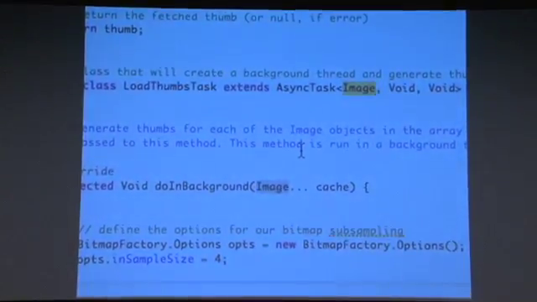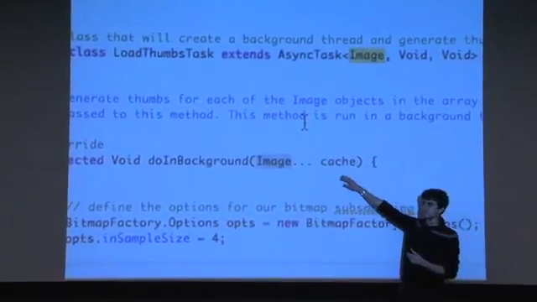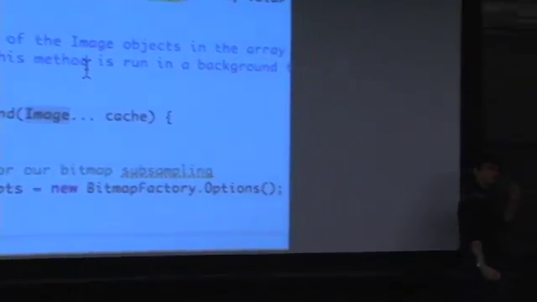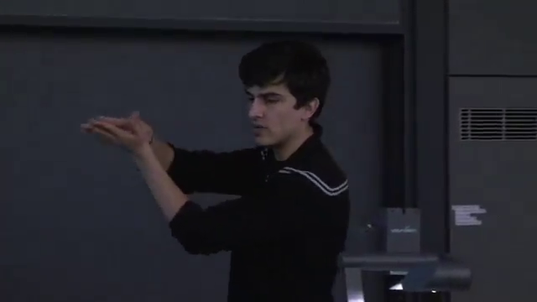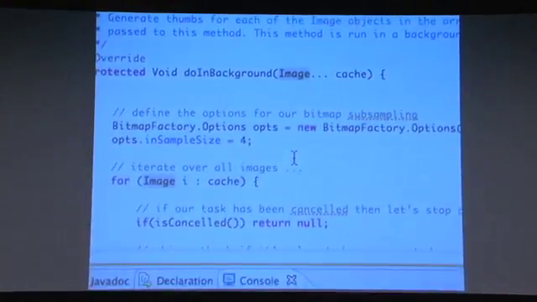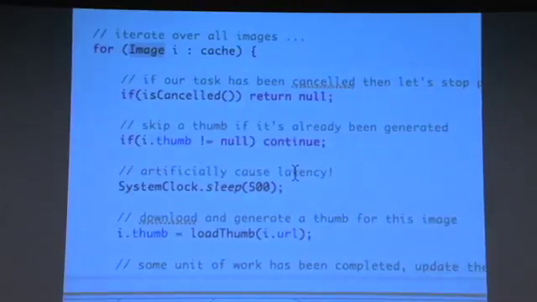In this case, it's an array of type Image, and that is what we see here as the parameter. So now I've passed this data to the background thread. This data consists of an array of these objects, one of which is the URL, and one of which is a bitmap, which for right now is going to be null. What I want to do is download each of these URLs. You'll notice that we iterate over each of the objects within this array using this for loop construct up here, for image in the cache.